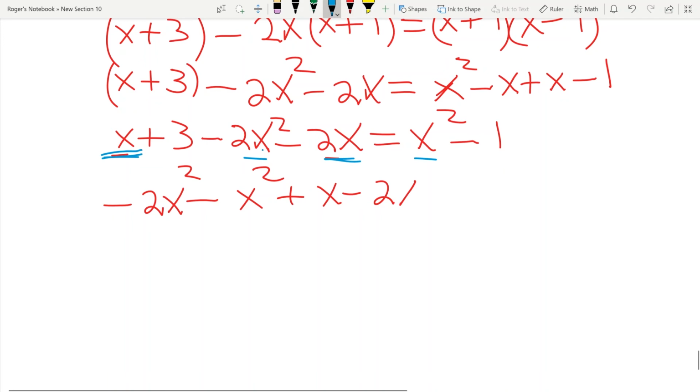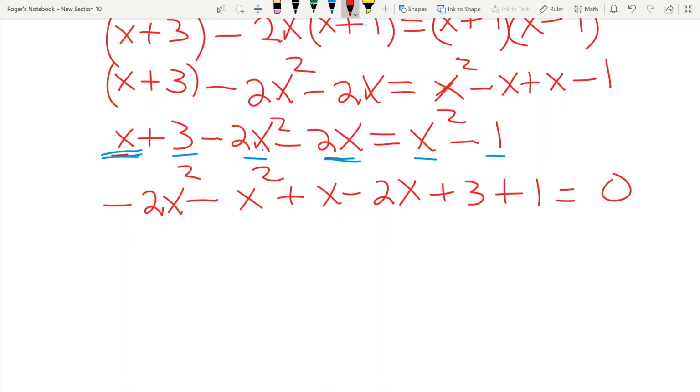The x and the 2x, plus x minus 2x. Then we do our constants: plus 3 plus 1 from the right. Let's do our accounting now. We took care of that one and that one. Equals 0.